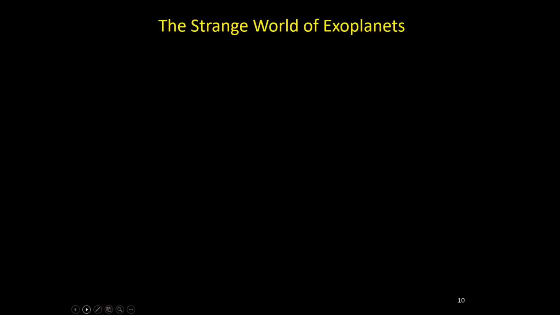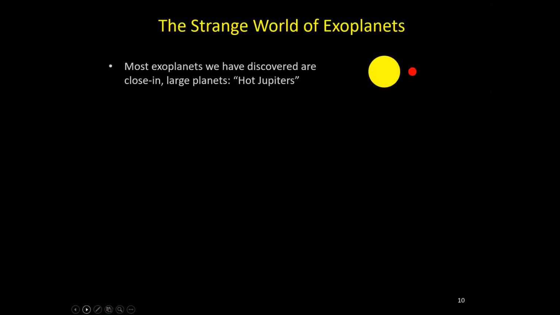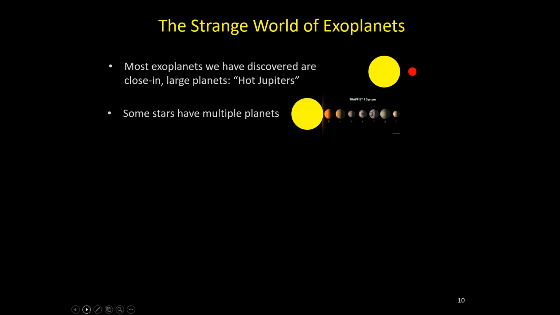Next. So if we take a look at different kinds of exoplanets, most of the exoplanets that have been discovered so far are what we call hot Jupiters. These are large, close-in planets near their host star. And for that reason, because they are of Jupiter size, we call them hot Jupiters. Next. We have some systems that have multiple planets.